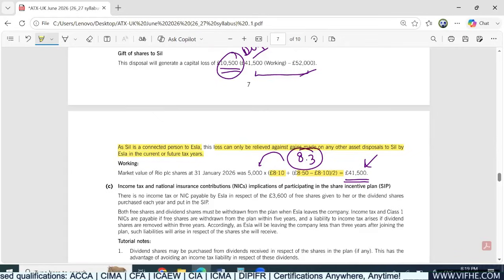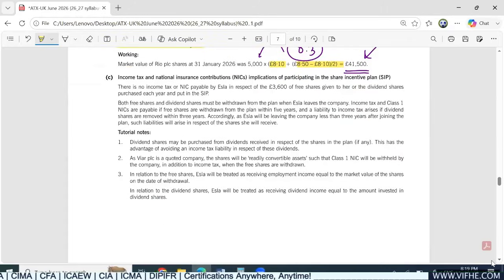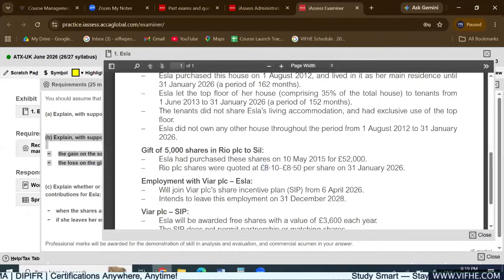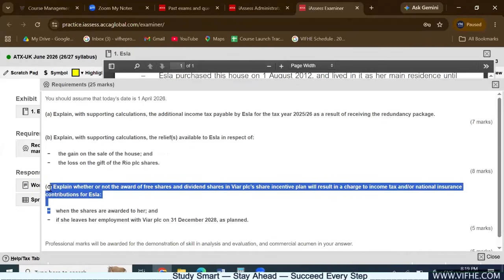Right? Now we have the last thing in front of us, quickly covering it up. In this case, requirement C is applicable. Kindly have a look at requirement C.